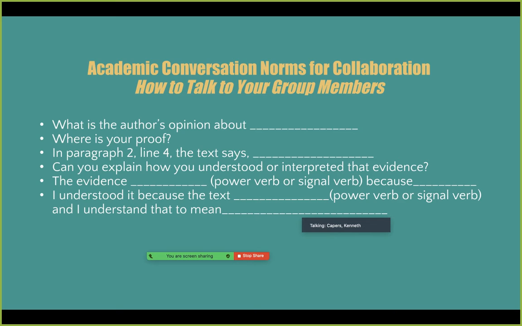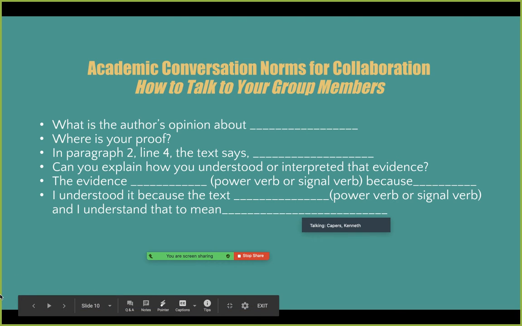Then you can state the evidence using a power verb: this suggests such and so, because, or I understood it this way because the text illustrates, and I understand that to mean. In other words, before you write, you all have to agree and talk about what you feel was the answer to the prompt. Does that help, Evan?